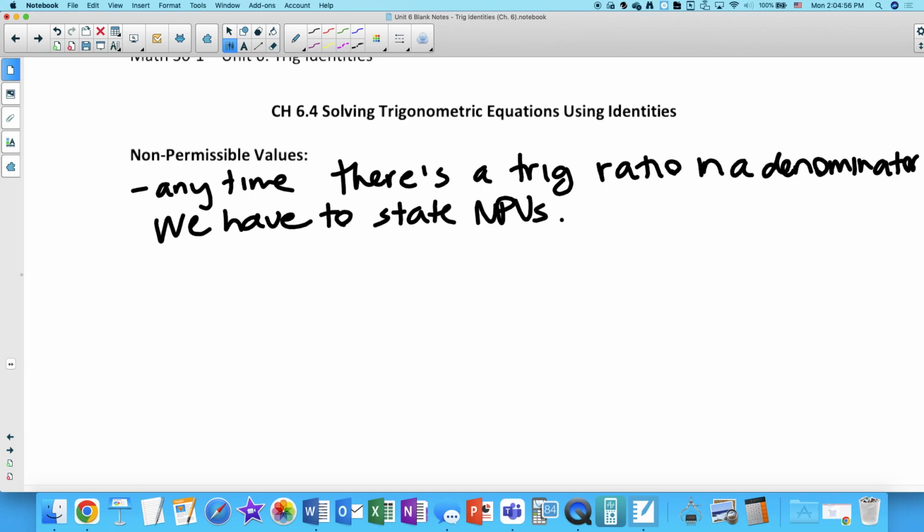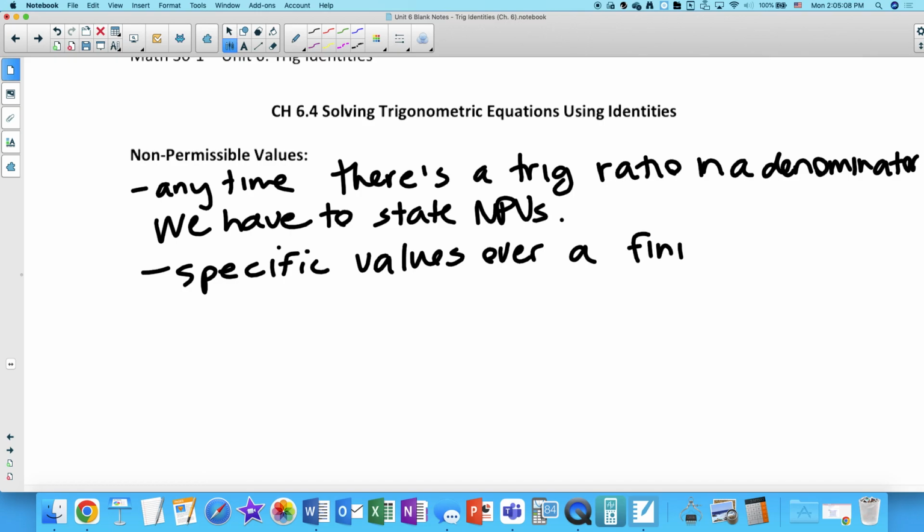Specific values, I suppose, over a finite domain. Right? So if you're asked to solve like from 0 to 360, you're just going to give a couple of values. Maybe 1, maybe 2.